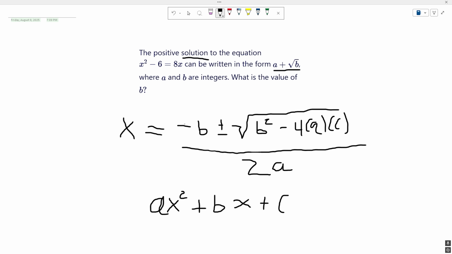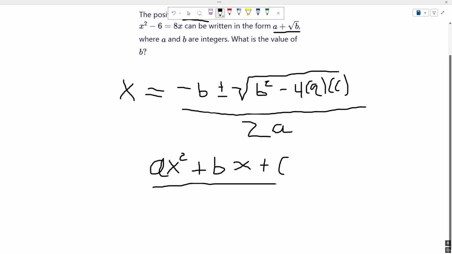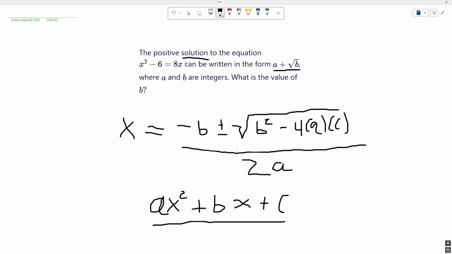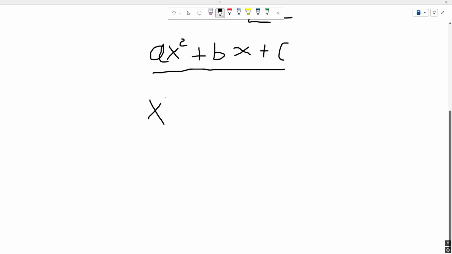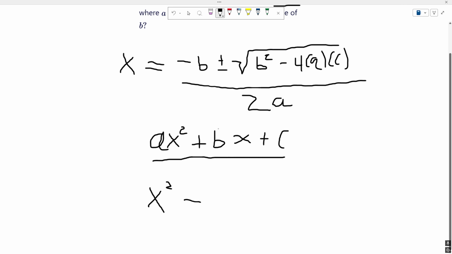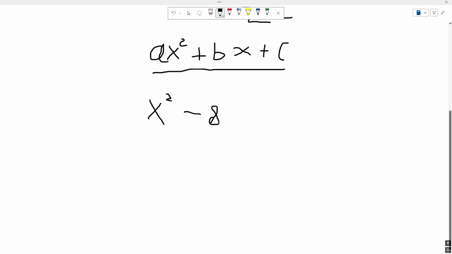Let's rearrange this into this ax squared plus bx plus c form so that we can more easily use the quadratic formula. So we have x squared minus, and if we subtract the 8x over, minus 8x, minus 6, and then that's equal to 0. Now we can use the quadratic formula.